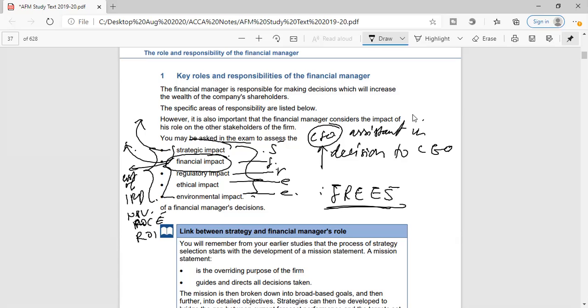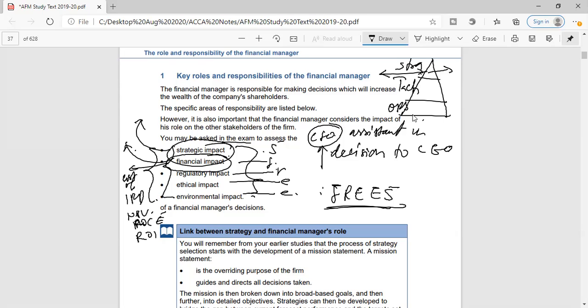But strategic impact, how a finance manager can make the impact at the strategic front. If you recall Anthony's model, strategic decisions are taken here, and then tactical and operational here. The finance manager has the role and responsibility all the way up to here at a strategic level as well.